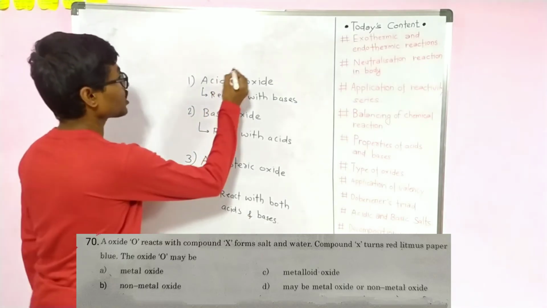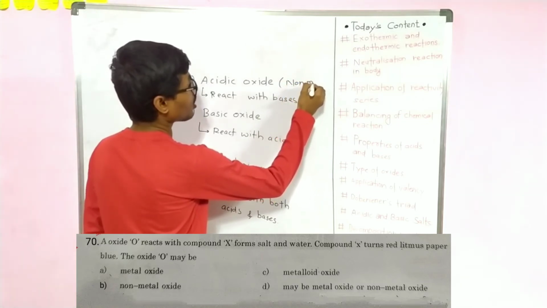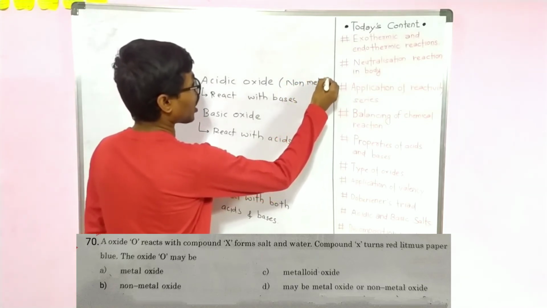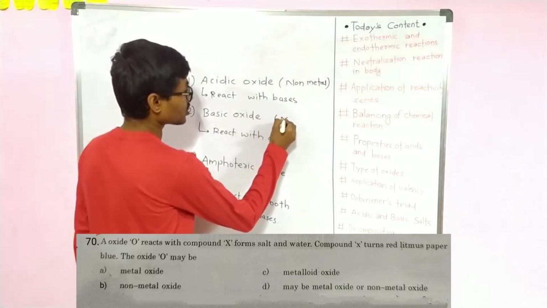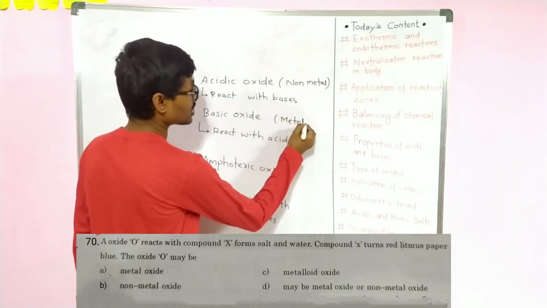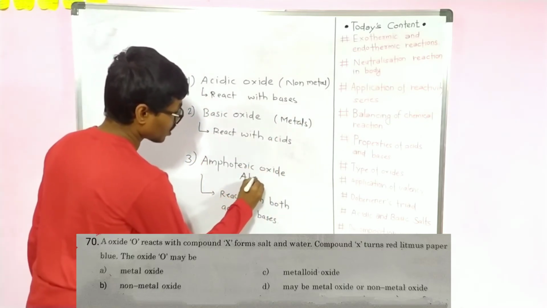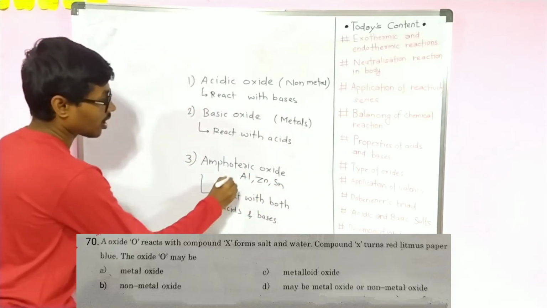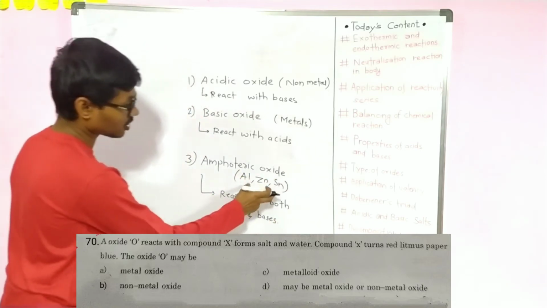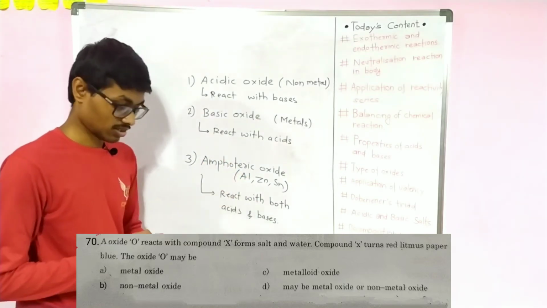Now, oxides of non-metals are acidic in nature. Oxides of metals are basic in nature. Now, oxides of aluminium, zinc and tin are amphoteric in nature.